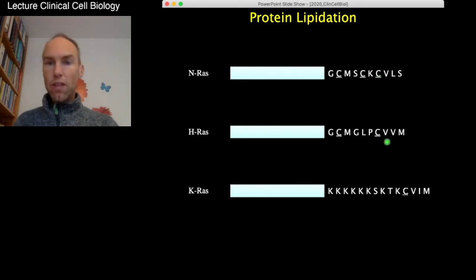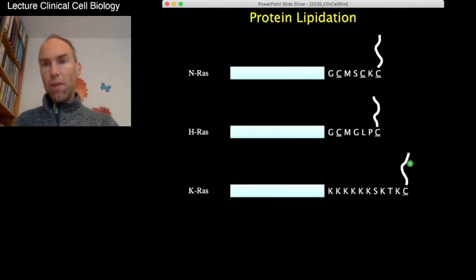And then we see that also HRAS and NRAS have cysteine residues at the C-terminal tail, and these can be modified by palmitoylation, as we will see. Now this is slightly different for KRAS. It doesn't have a cysteine. It only has polybasic residues over here. So this variant can only be prenylated and not palmitoylated.